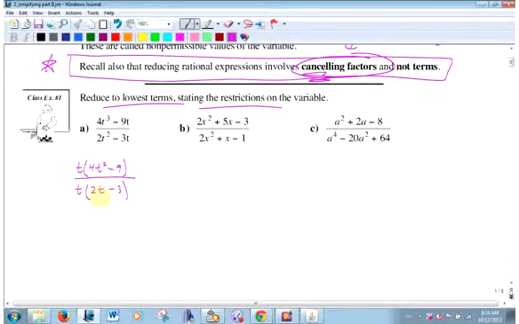So right away, I'm looking at this 2t minus 3. Do you think we're going to get one of these factors on the top? Yeah. The square root of 4t squared is 2t. The square root of 9 is 3. Oh, there's my 2t minus 3, right there.